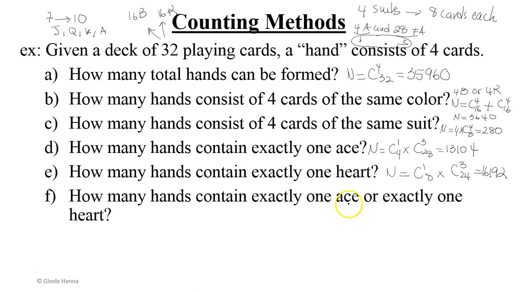However, one ace and one heart do have a card in common, which is the ace of hearts. So if I have a hand that contains the ace of hearts only, the only card that is an ace or a heart, in that case it would fall under this event.